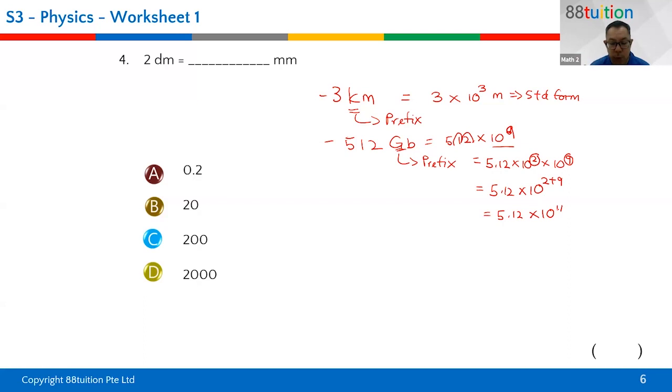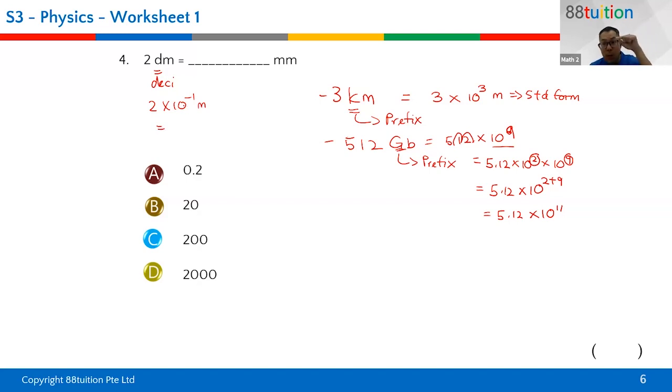So how does it help us in this question? Let's look at this. 2 dm, I need to convert it to millimeters. So what is D? D is deci. So 2 decimeter will be 2 times 10 power minus 1 meter. I ignore what is mm first, I convert it to meters.